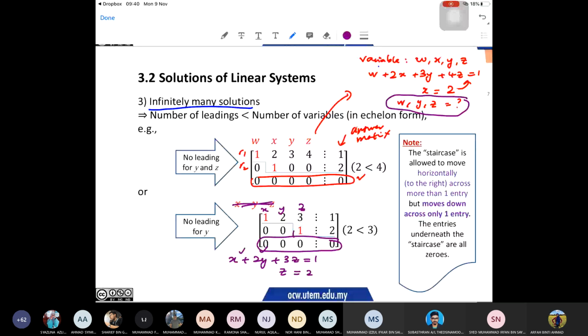Done? This one? Lain-lain senyap je. Okay or not? Done. Done, okay.